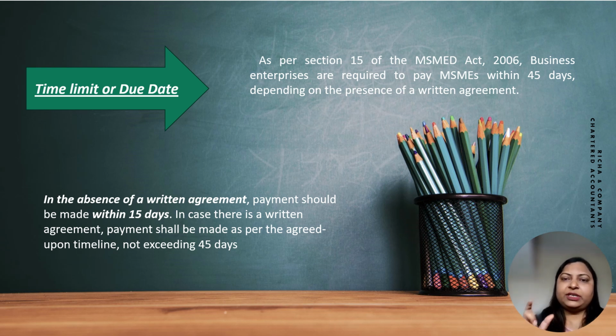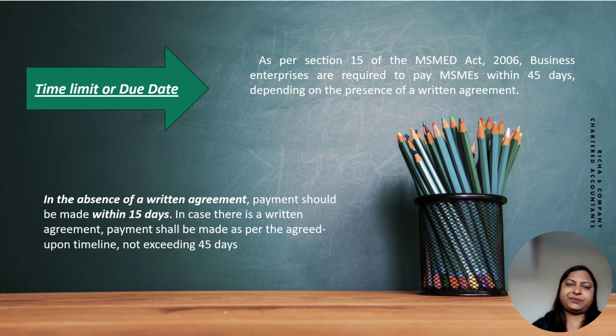We will also understand what the appointed day is. I will tell you in some time. But there is one more condition, right? The payment period shall not exceed 45 days from the date of acceptance or deemed date of acceptance.